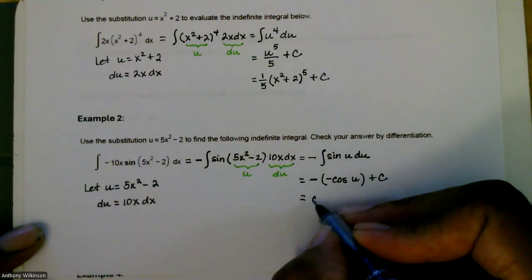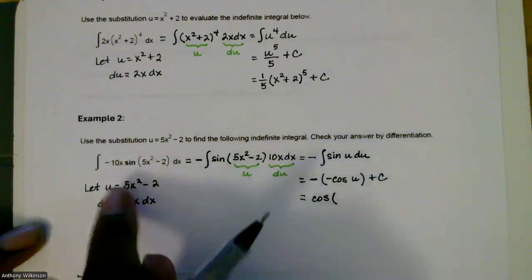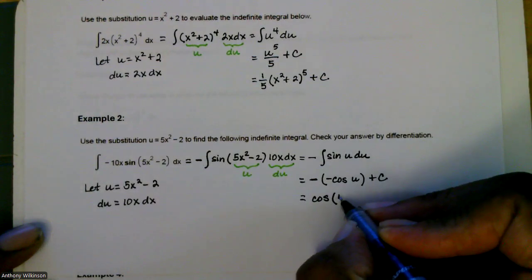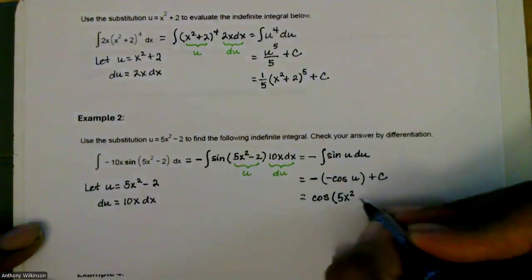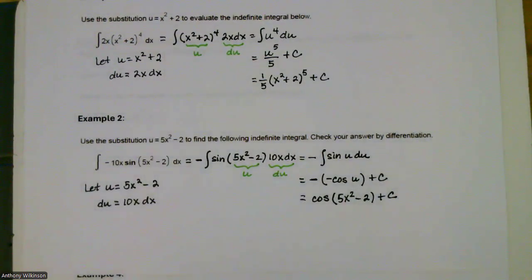So I can write this as the cosine of, and I'll go ahead and replace the u with what we let it equal to, 5x squared minus 2. So I have cosine 5x squared minus 2. And then plus c. Okay. So that's the integral of negative 10x sine of the quantity 5x squared minus 2 dx.